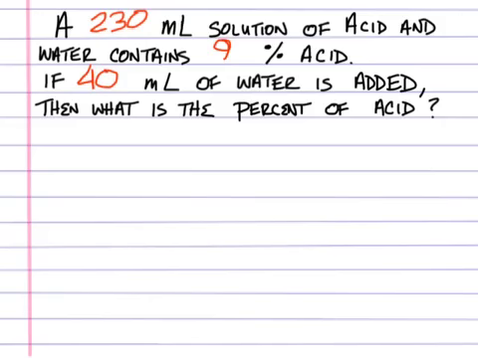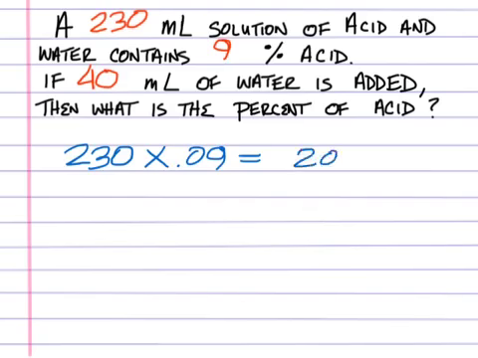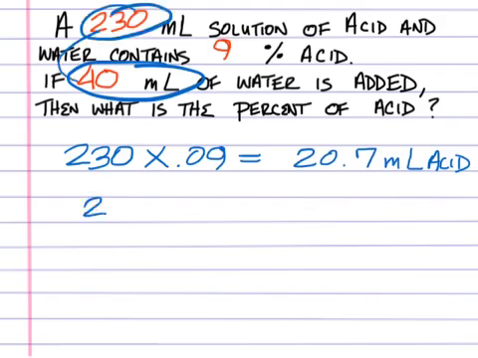Practice number 1. A 230 milliliter solution of acid and water contains 9% acid. If 40 milliliters of water is added, then what is the percent of acid? The solution for the practice problem, you must do 230 times 0.09 to find out how many milliliters of acid you have to start with. And that's going to be 20.7 milliliters of acid. Okay, we're adding 40 milliliters of water to this total contents of 230.